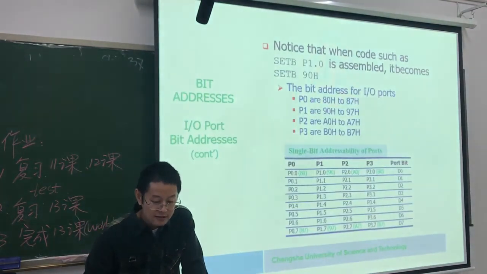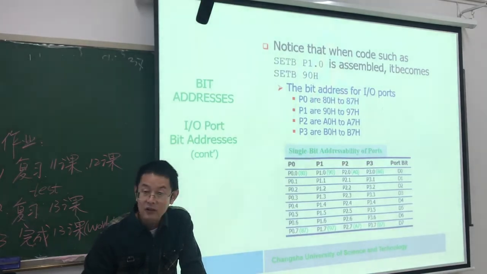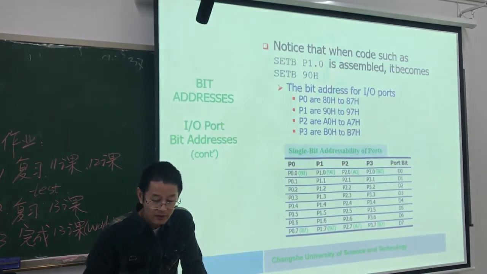Notice that when code such as SETB P1.0 is assembled, it becomes SETB 90H.